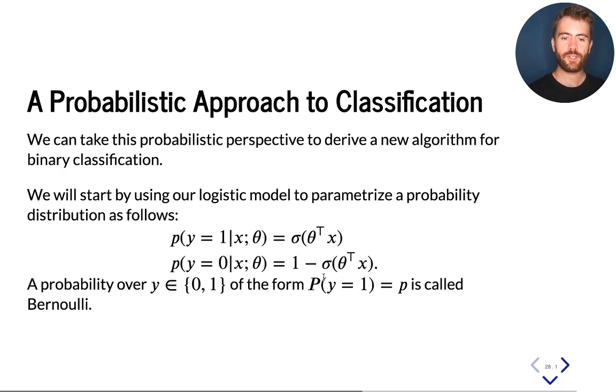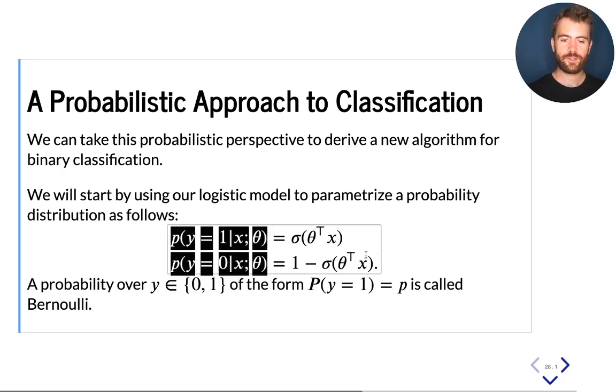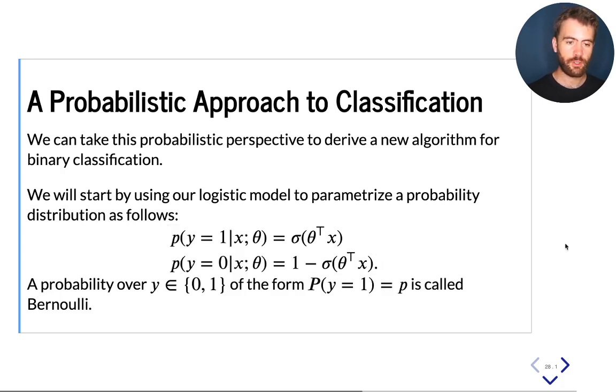So here I have assigned a probabilistic interpretation to our model, or in other words, I have now defined a probabilistic model which has this form here on the right that is specified by the function I just defined earlier. And we can also think of this as parameterizing what is called a Bernoulli distribution.